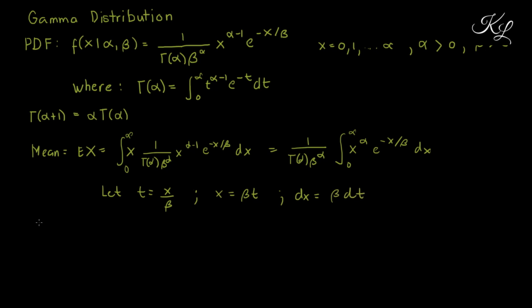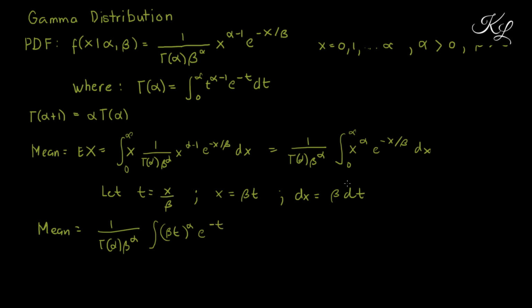Then mean is equal to, so we have these constants, 1 over gamma of alpha, beta raised to alpha. Then we have integral of, for x, we're going to use this one, beta t raised to alpha. Then we have here e raised to negative, for x over beta, we have t.